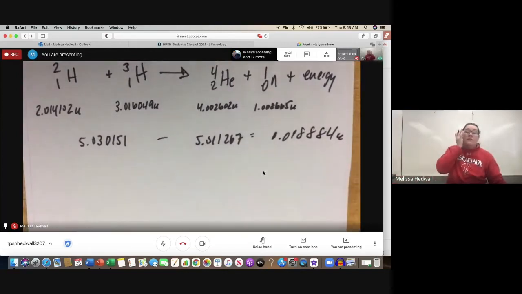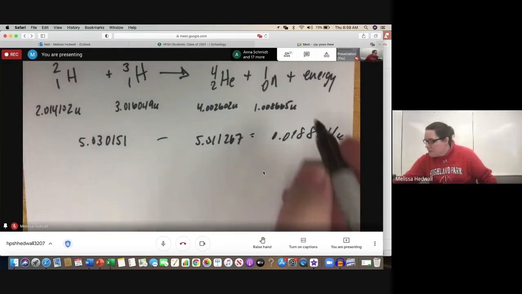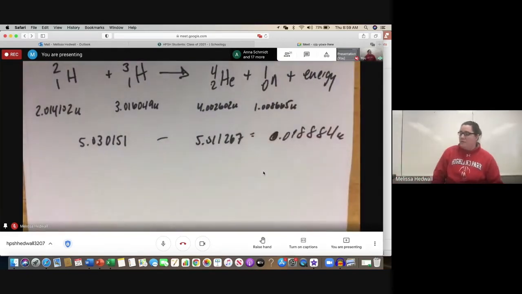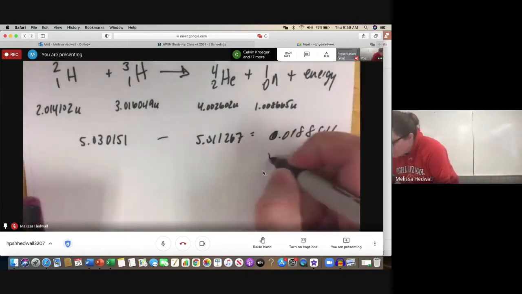So when you have this fusion reaction, where you get your deuterium and tritium, and you get helium with the neutron, you have a mass defect of 0.018884 units. We can take that number times 931.5 mega electron volts.